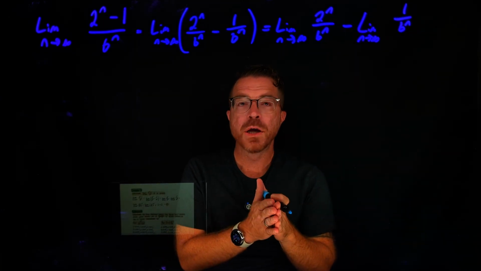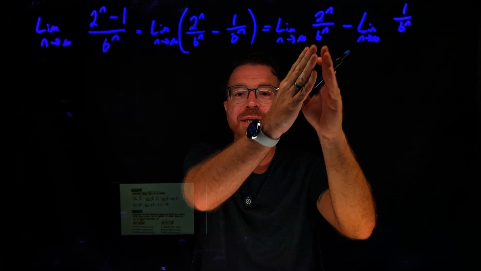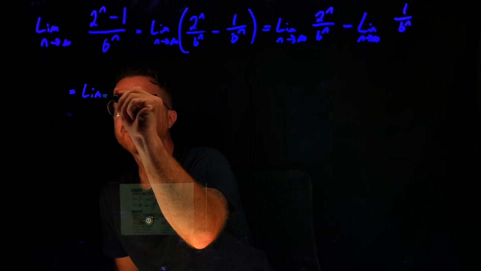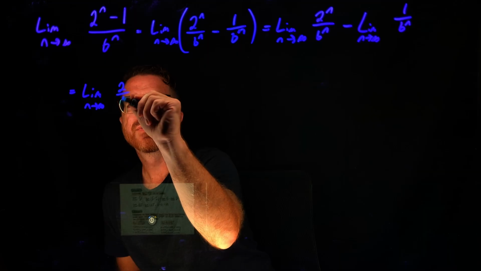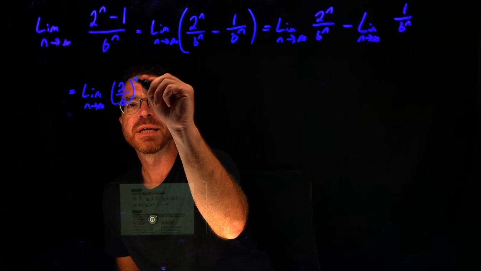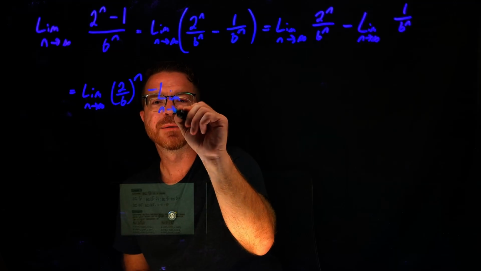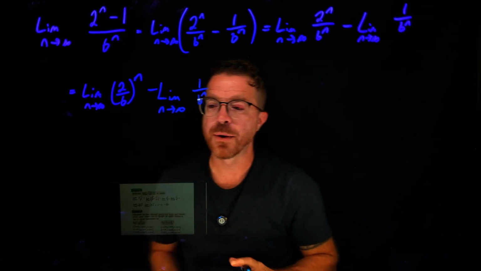Now, based on this, we can actually convert this 2 to the n over 6 to the n. Remember those exponent rules? Well, in this case, this is going to be the limit as n approaches infinity, 2 over 6 to the nth power, minus the limit as n approaches infinity, 1 over 6 to the nth power.